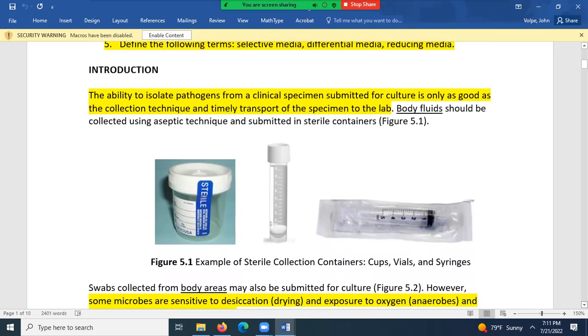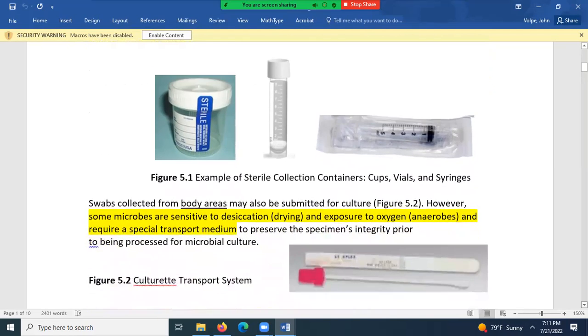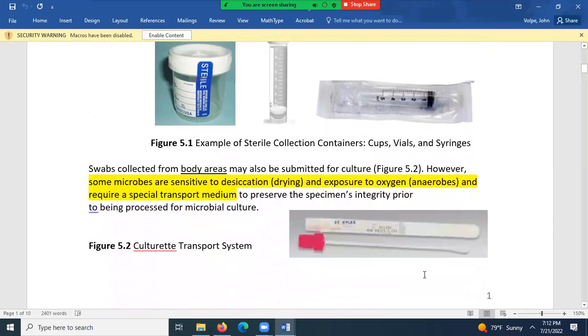The ability to isolate pathogens from a clinical specimen submitted for culture is only as good as the collection technique and the timely transport of the specimen to the lab. Some microbes are sensitive to desiccation, meaning they'll dry out, and others to exposure to oxygen, that's the anaerobes, and require a special transport medium to preserve the specimen.